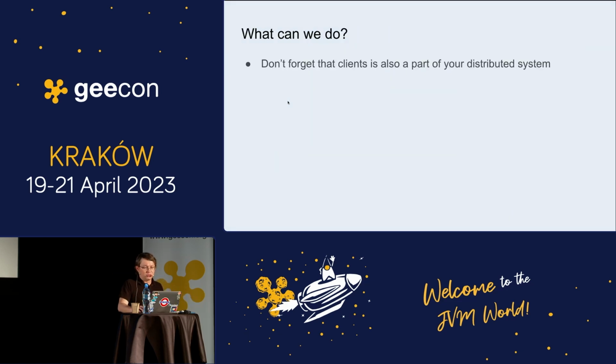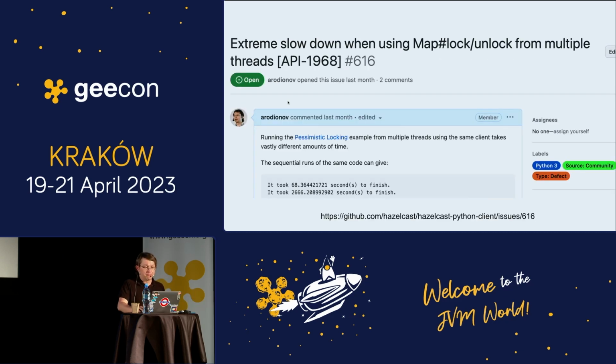Don't forget that the client is also part of the distributed system, so I imagine the client should handle this by its own. If you are responsible for the client driver or for the client code, you should consider all situations that could happen.